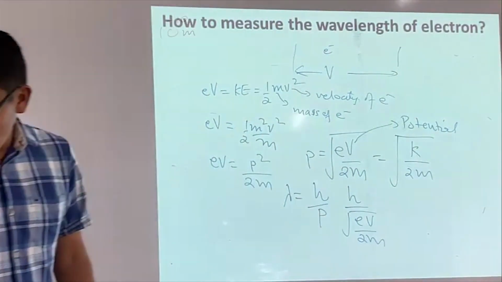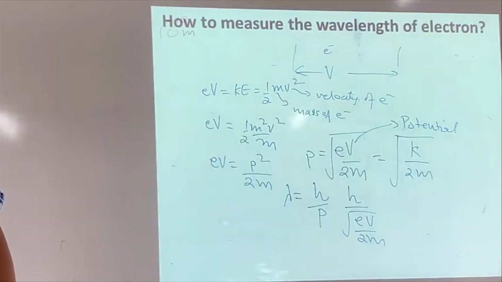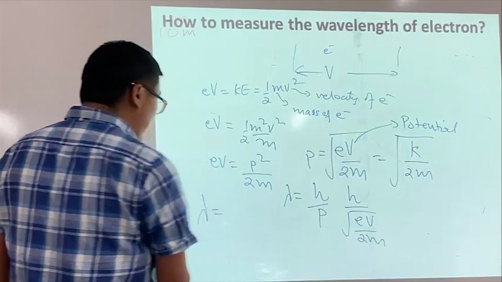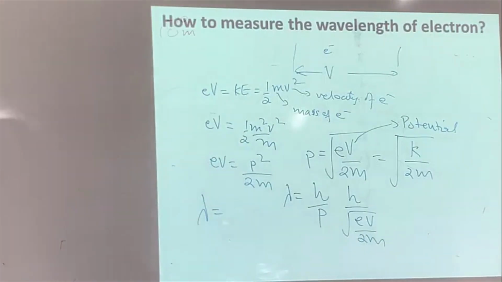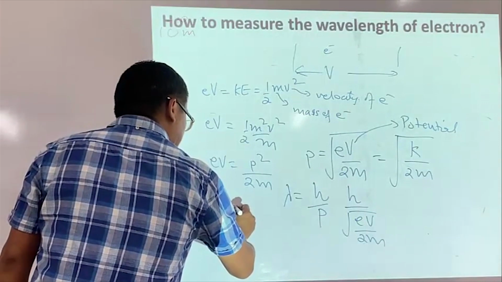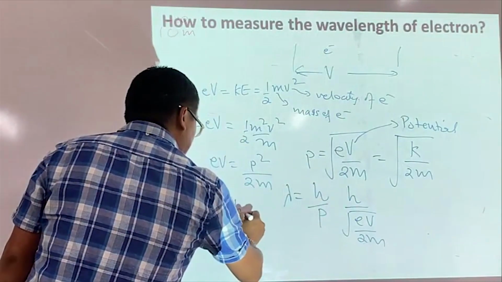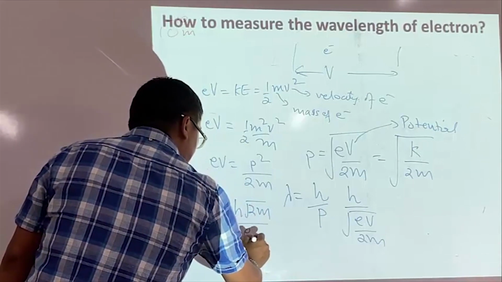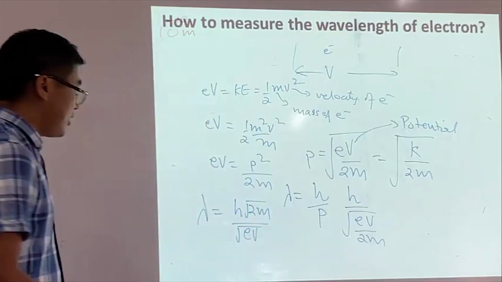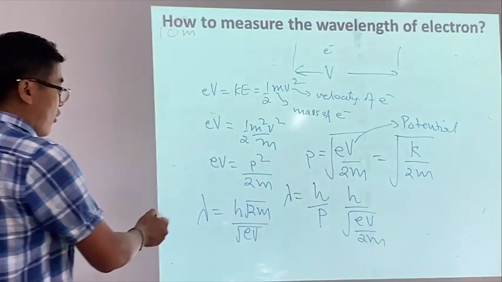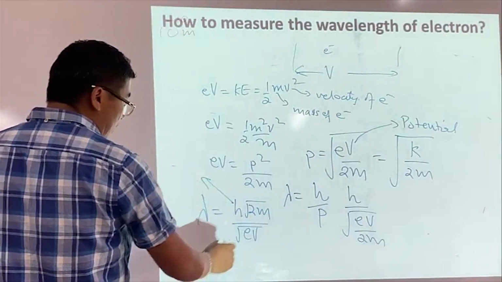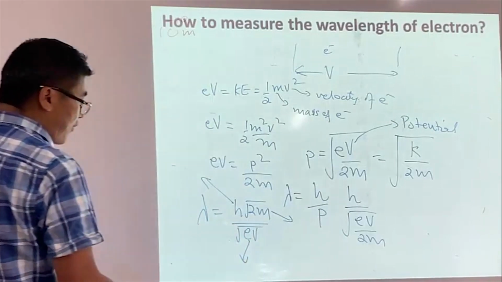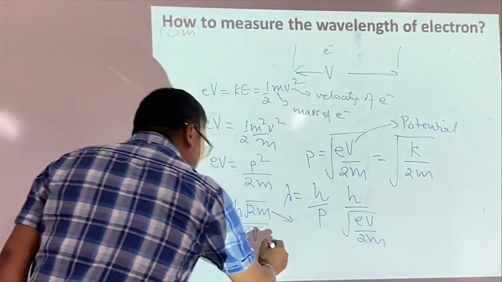Finally, I put in all the values: h is the Planck constant, a fixed value, m is the mass of the electron, a fixed value, and e is the charge of the electron, a fixed value.